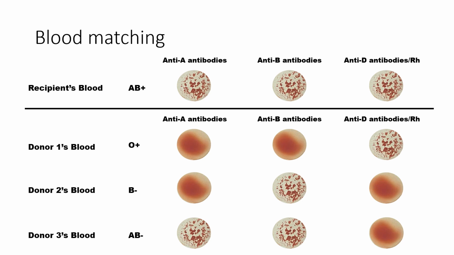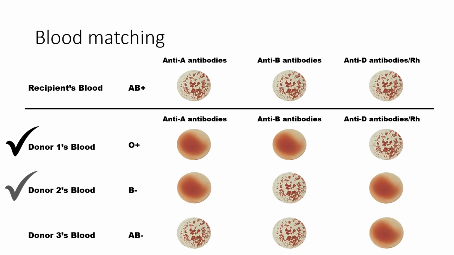So let's see how this is going to work. Now we know that the lack of antigens A and antigens B is no problem, and we have a match in our RH factors, so donor number 1 is perfect. Donor number 2 doesn't have antigen A, but it has antigen B, which is fine because our recipient has antigen B, and we don't have to worry about the RH factor because an RH positive recipient can take RH negative blood.